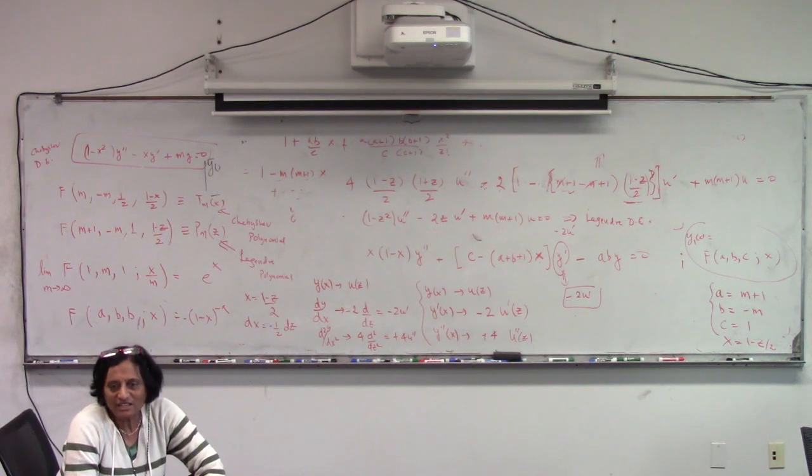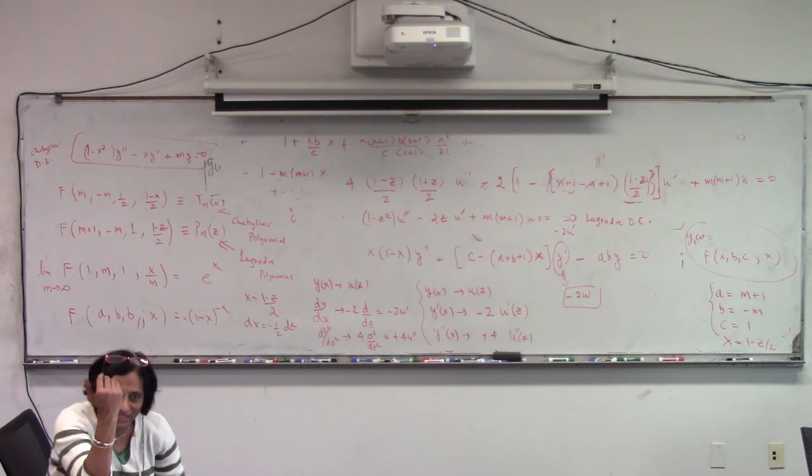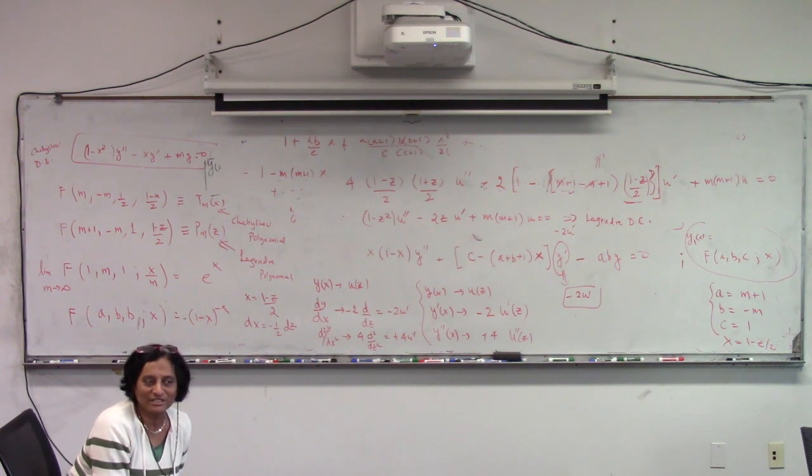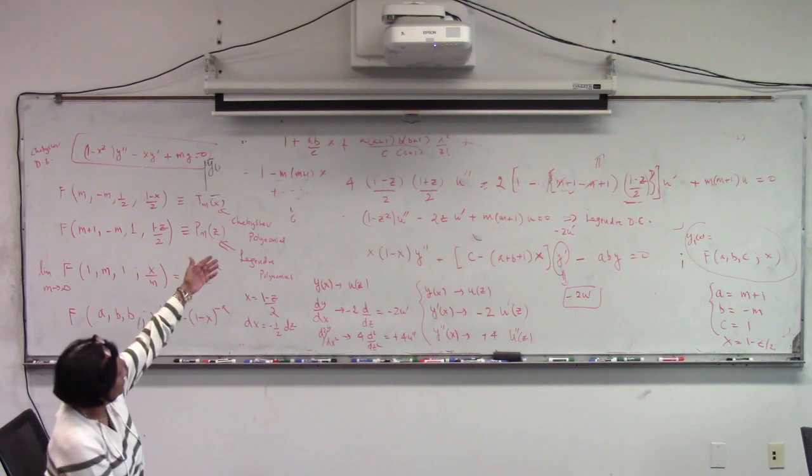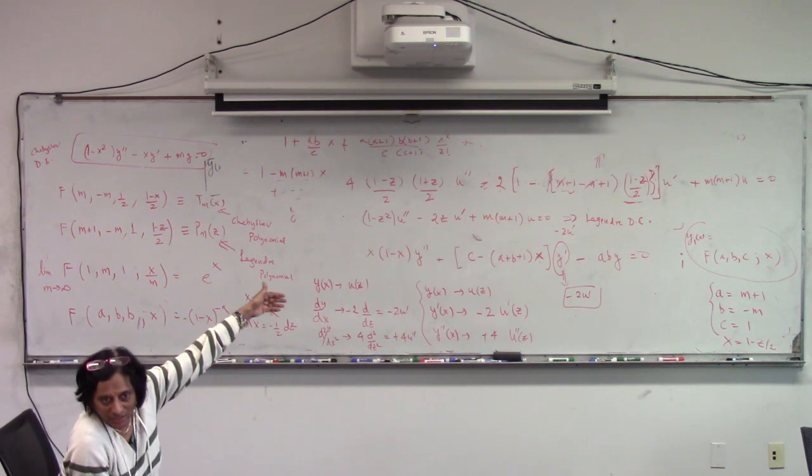So the classification, somehow, they found this way they can put some of the differential equations in a certain type, and you can find the solutions. Knowing the solution of that differential equation, that's all it is.